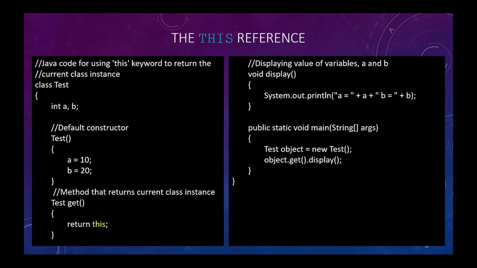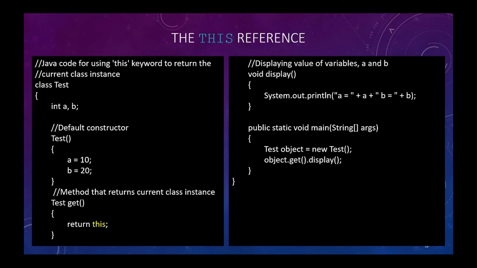The last example that I have here is, there's so many other uses other than just these 3, but these are some of the main ones that we like to use it for. Here, this is used to return the current class instance. Okay, so you're going to look on the left, return this. It's going to return an object of test. Okay, so let's look at the main.